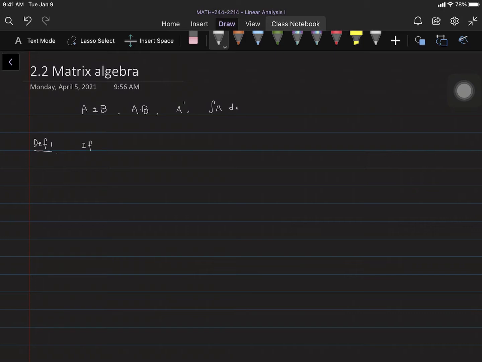So firstly, A and B, the two matrices, are both n by n matrices.